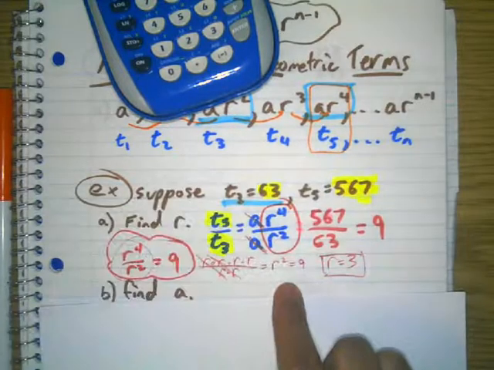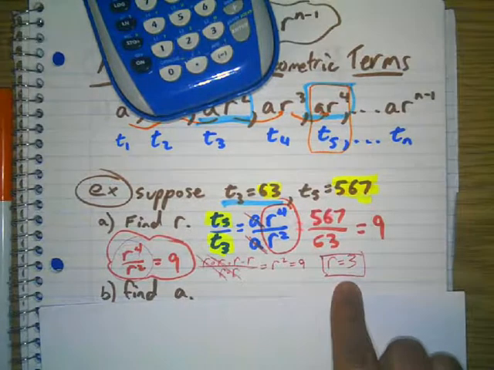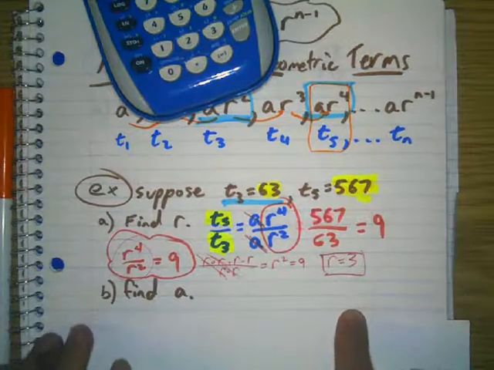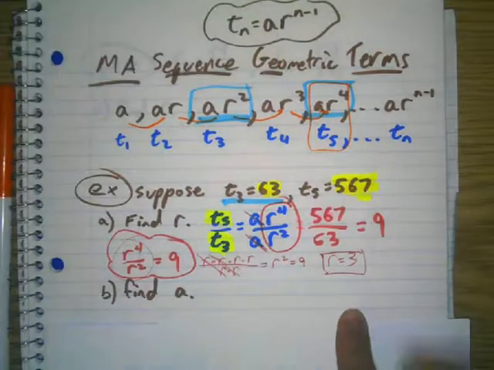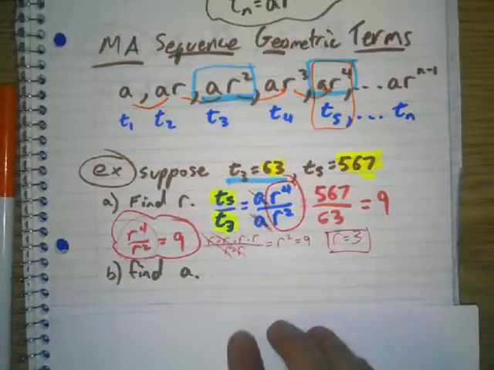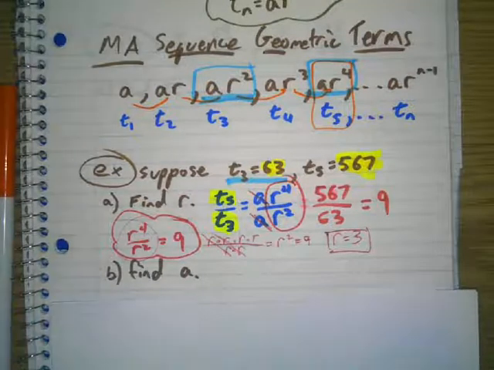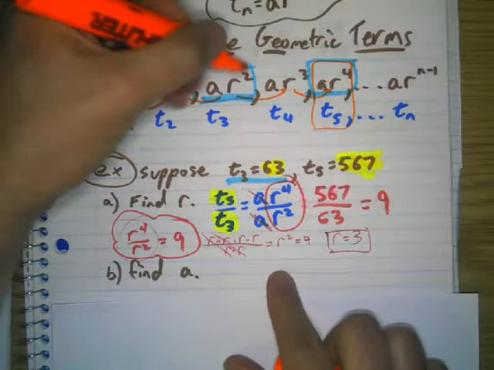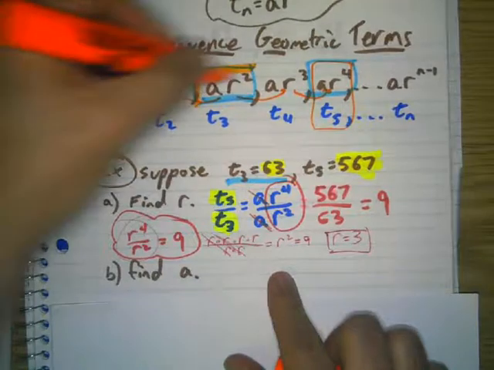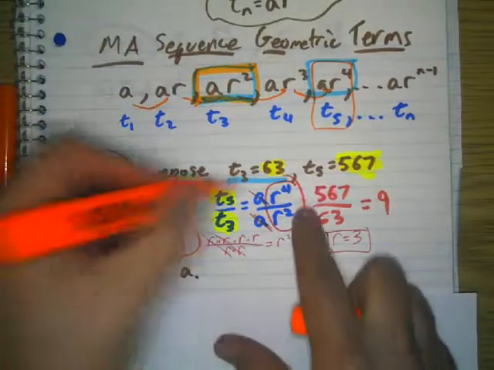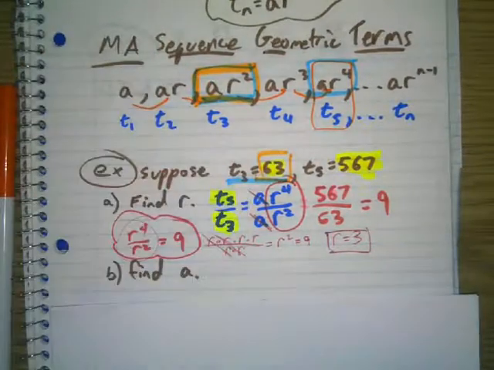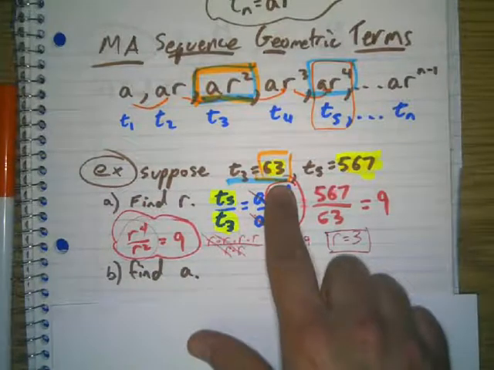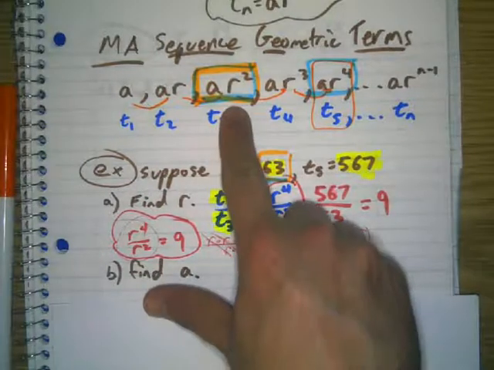All right, so now we found r. So now that I know r, what do you think a is going to be? Well, once again, let's take our equation. We know that the third term, 63, is equal to a times r squared.